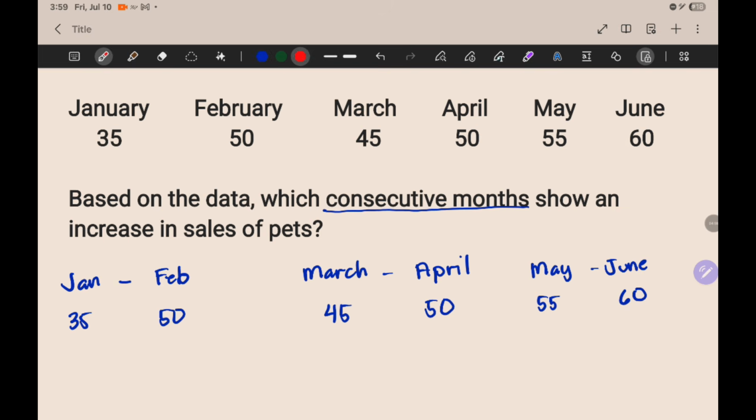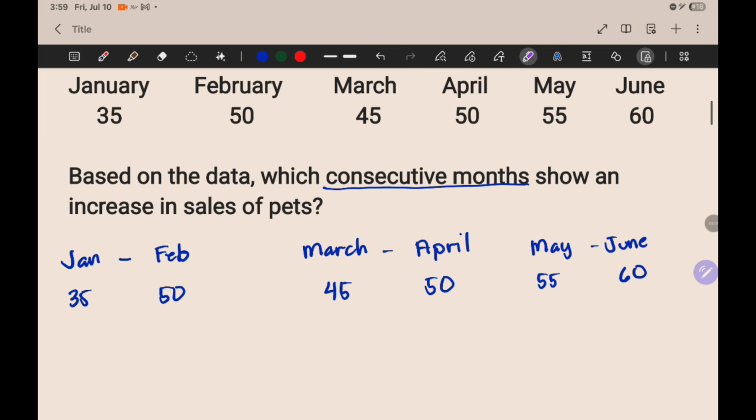Now, April to May kasali din siya. Bakit? Kasi from 50 naging 55. So, pwede natin siyang ilagay doon. April to May, from 50 naging 55.